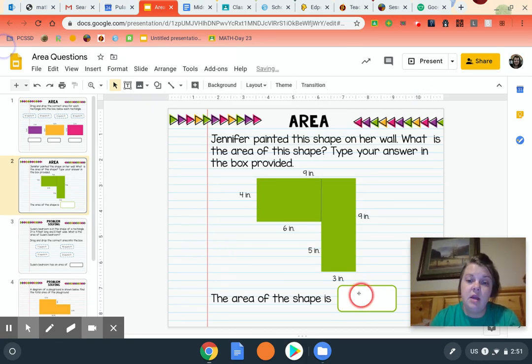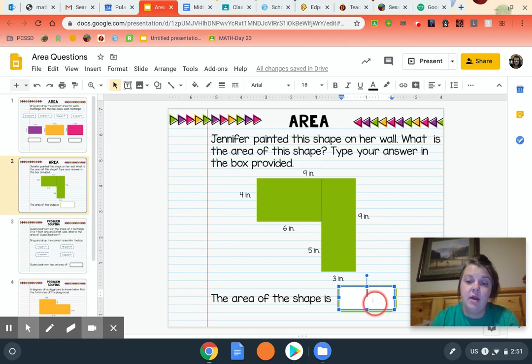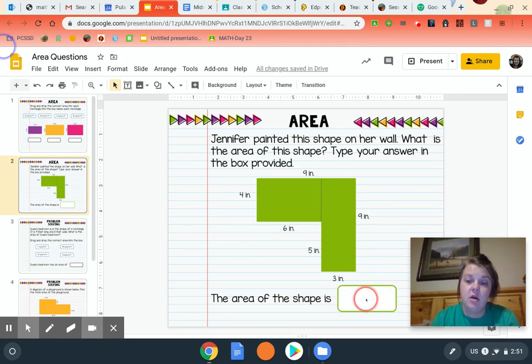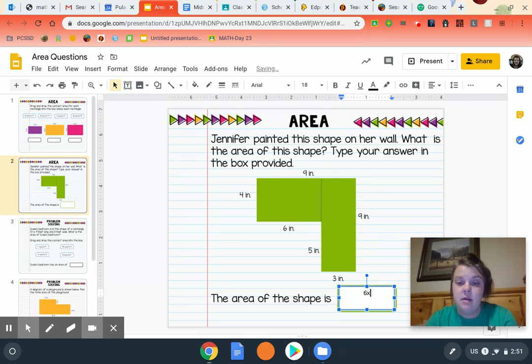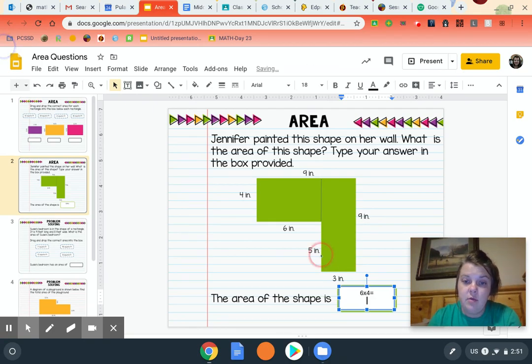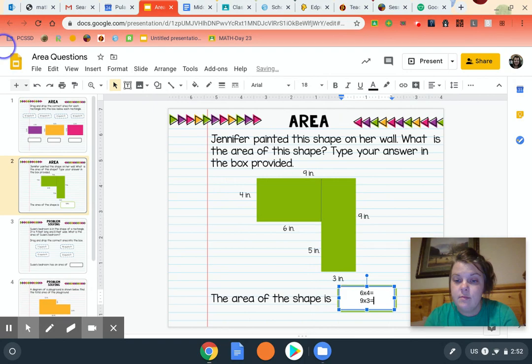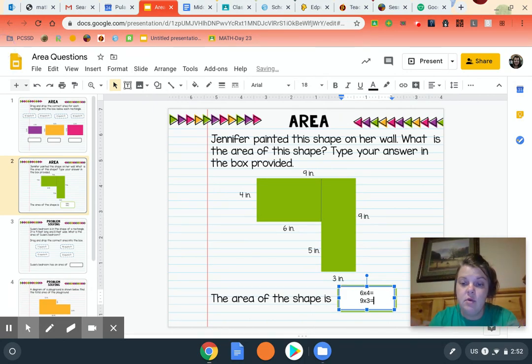If you double click and you accidentally delete this text box, click, I could say 6 times 4 equals, and then that would be rectangle A. Rectangle B would be 9 times 3. I would find those two, then I'd add them together for total area.